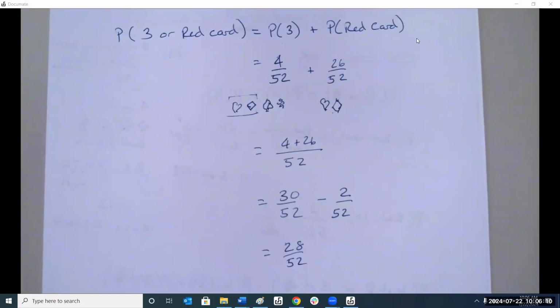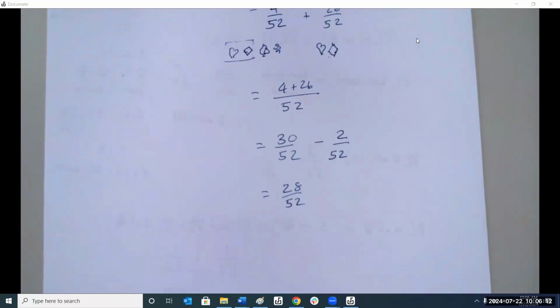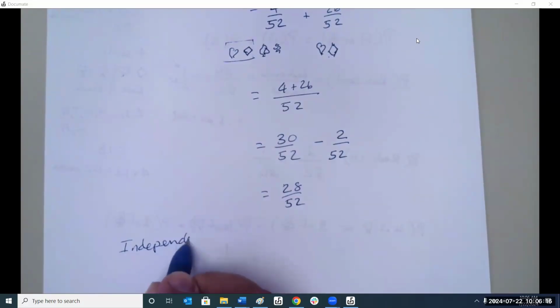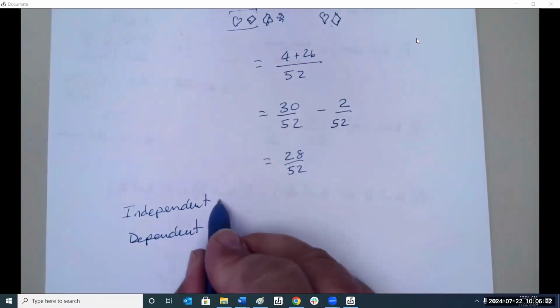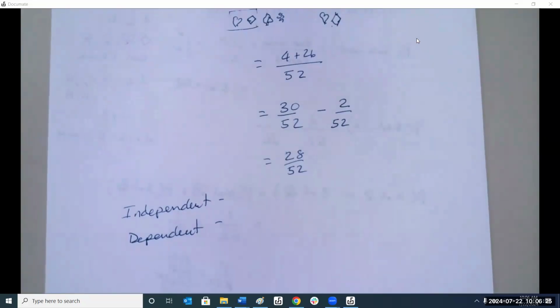Okay, that now introduces the difference between independent and dependent, and then joint and disjoint.